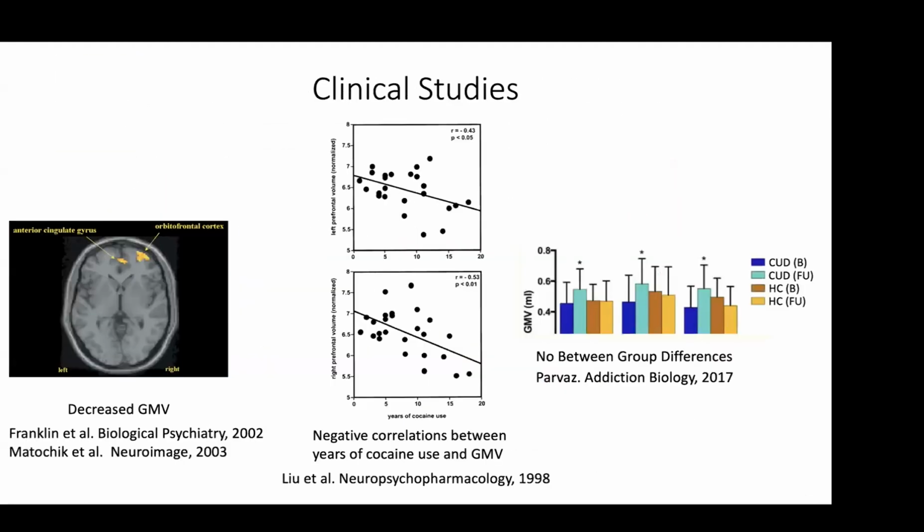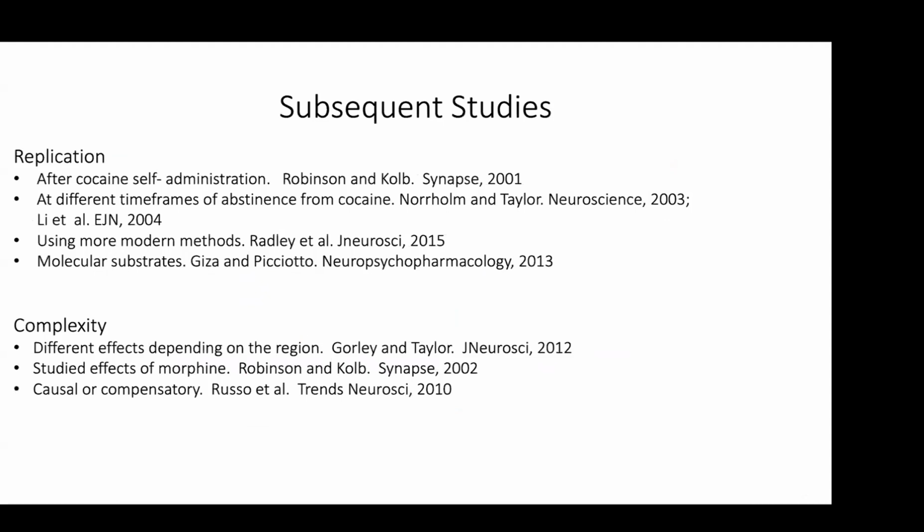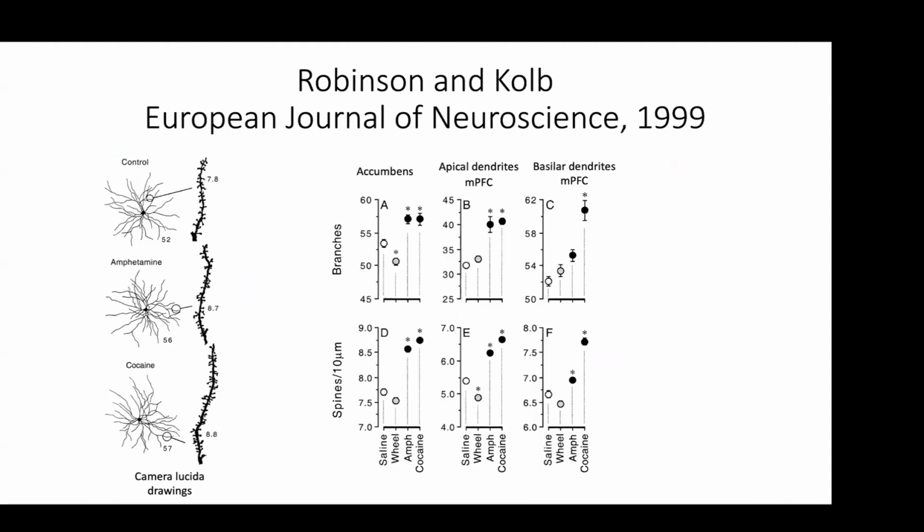Let's look at the pictures of the neurons. So you're seeing an increase in spine density. And that's along the axon or the dendrites?